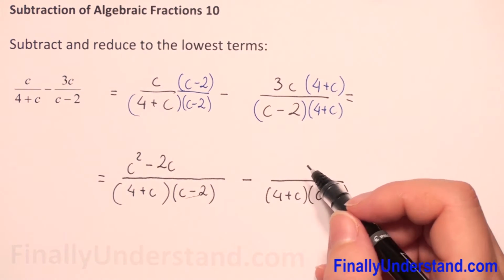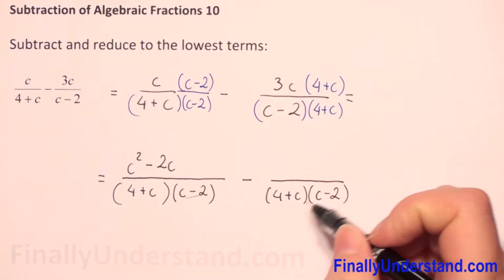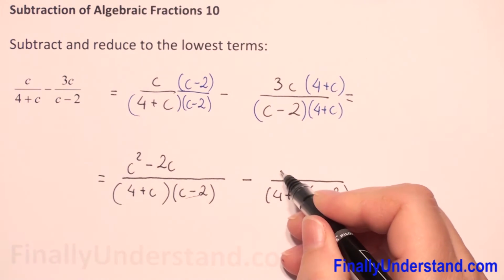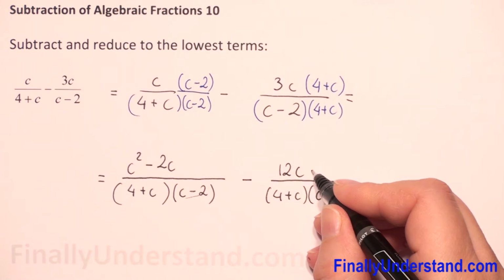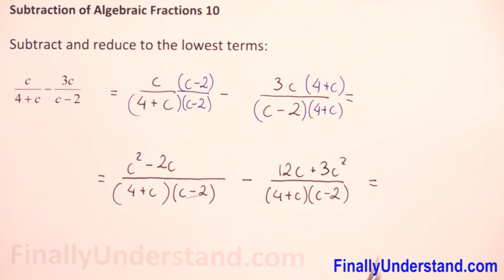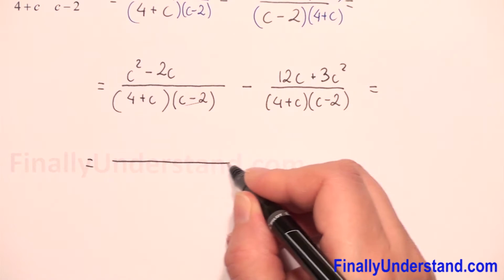So we can change the order of terms, and now we have 3c times 4 is 12c, 3c times c is 3c squared.